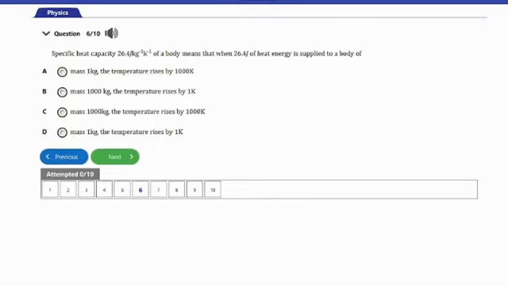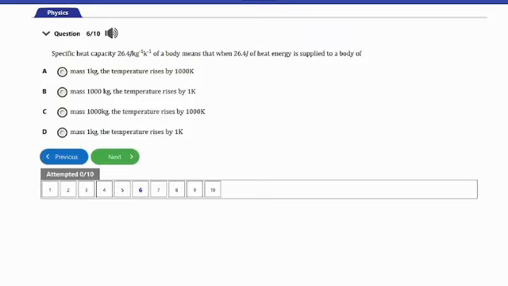B mass 1000 kg, the temperature rises by 1 Kelvin. C mass 1000 kg, the temperature rises by 1000 Kelvin. D mass 1 kg, the temperature rises by 1 Kelvin. So guys, the answer to this question will be option D.